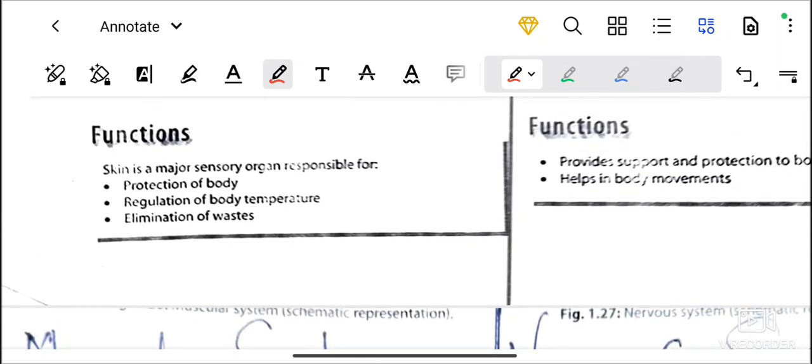Skin is one of the major sensory organs and is responsible for protection of the body, regulation of body temperature, and elimination of waste. These three functions we will discuss in the physiology of skin. The physiological functions of skin are protection of the body, regulation of body temperature, and elimination of waste.